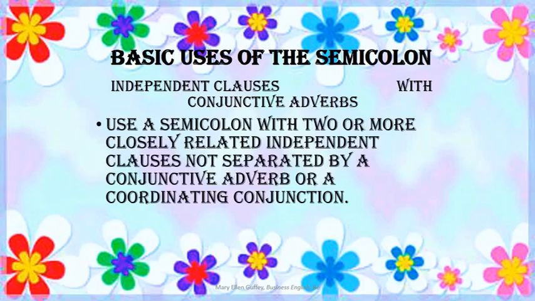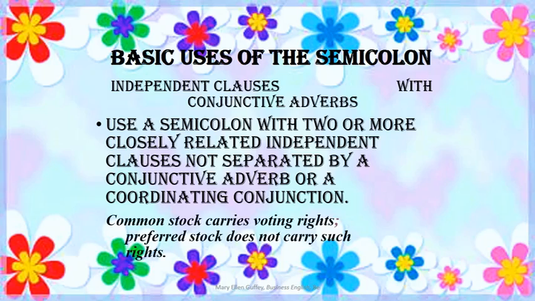We use a semicolon with two or more closely related independent clauses, not separated by a conjunctive adverb or a coordinating conjunction. For example, common stock carries voting rights; preferred stock does not carry such rights.